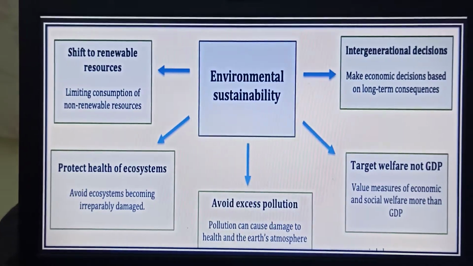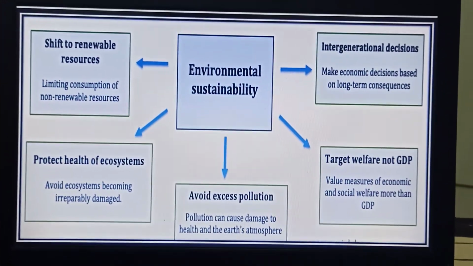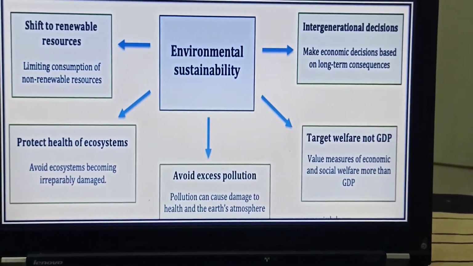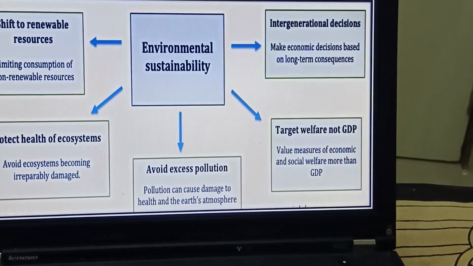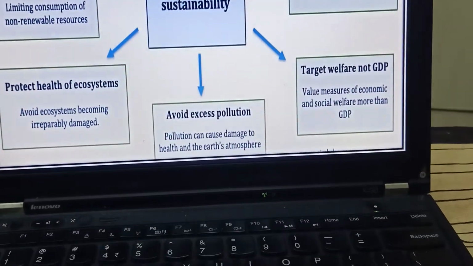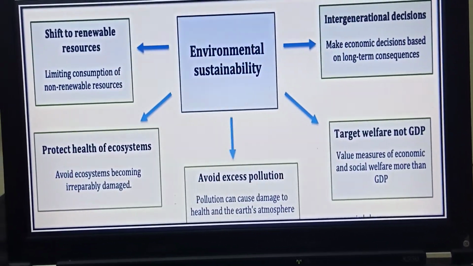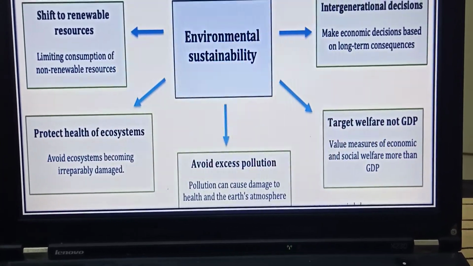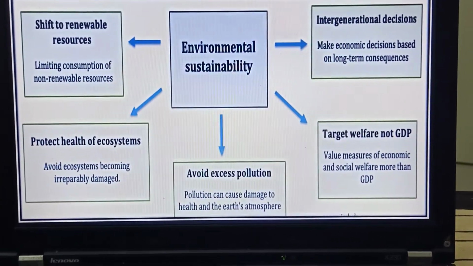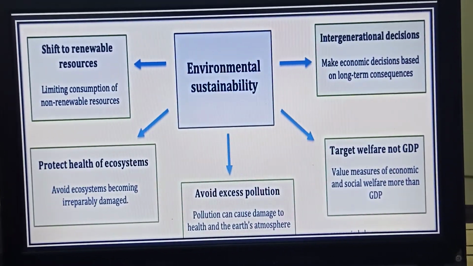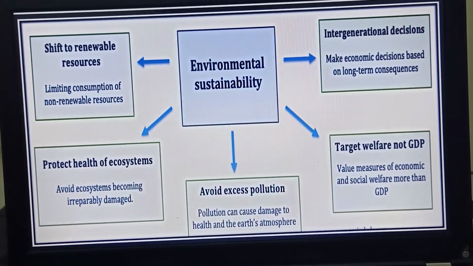For example, usage of solar and wind power will help in reduction of non renewable resource use and promote more of the renewable resource use. Protecting the health of the ecosystem. It is in our hands to reduce the emission of carbon into the environment and together pledge to protect our environment before it becomes irreparably damaged.